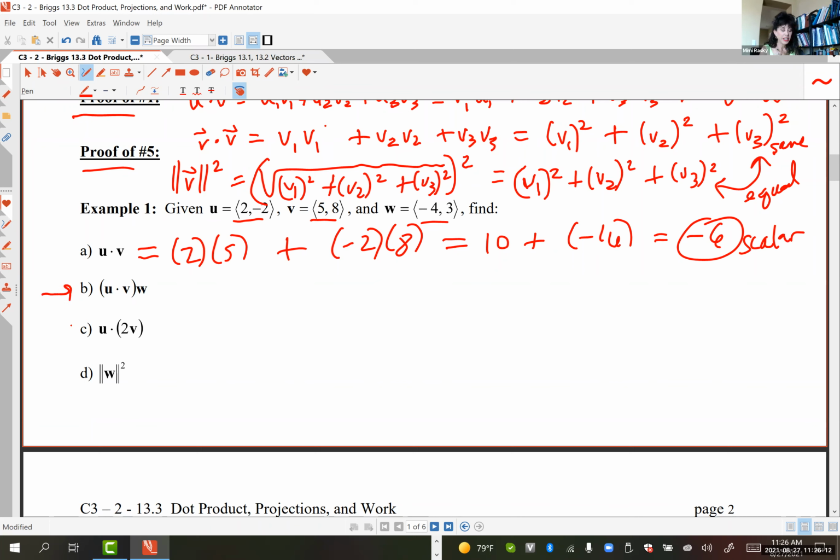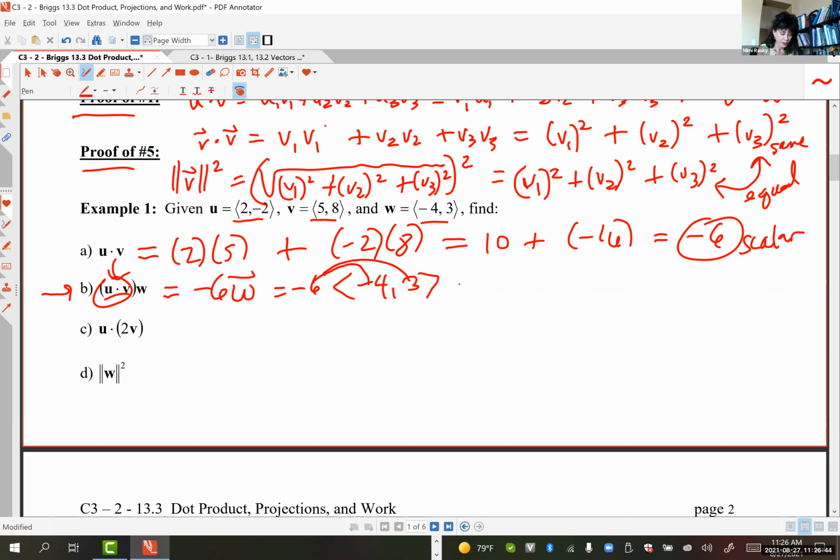Letter B is a little tricky. You're taking the dot product of u with v, and then once you get done with that, you're going to multiply it with w, which is scalar multiplication. Now, I already did u dot v, so I don't feel like doing it all over again, if you don't mind. So really what they're asking us to do here is take that dot product, which we got was negative 6, and multiply it with w. This is called scalar multiplication, which we learned already. And scalar multiplication is not a dot product.